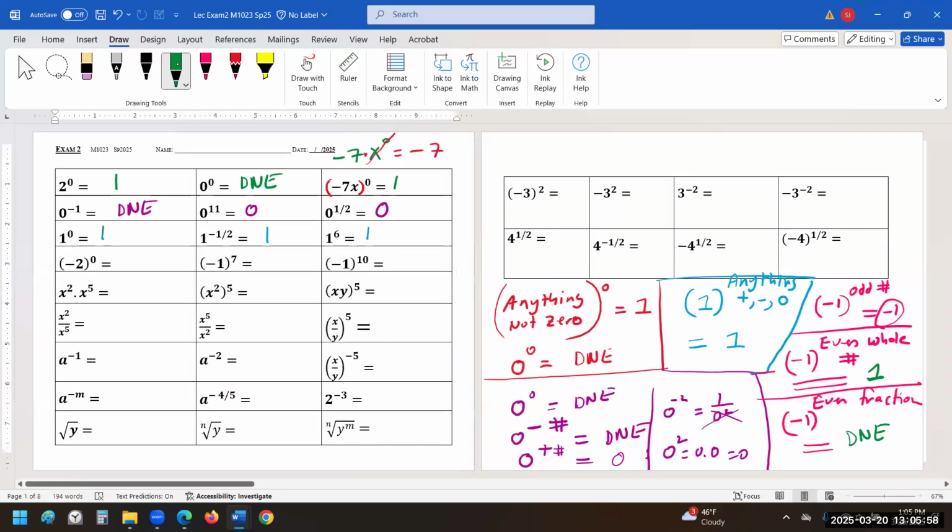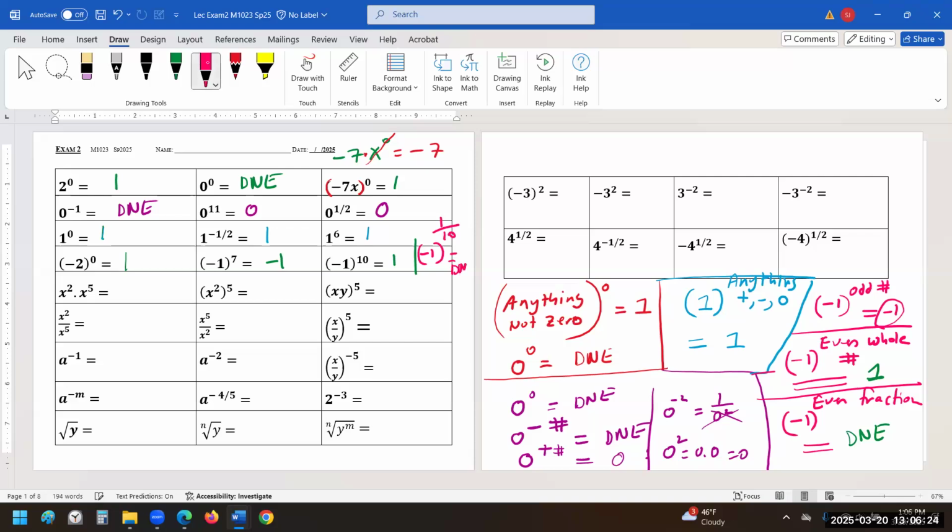Now, based on these rules, what is negative 2, whole thing, to the power 0? 1. What is negative 1 to the power 7? Negative 1. What is negative 1 to the power 10? 1. And let's say I'm giving you one more. What is negative 1 to the power 1 over 10?